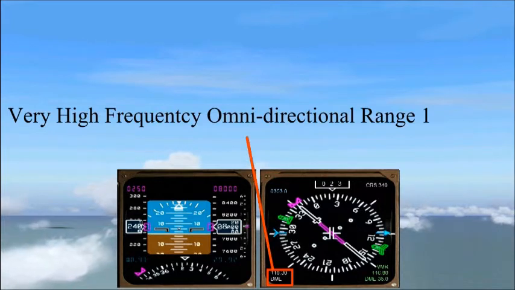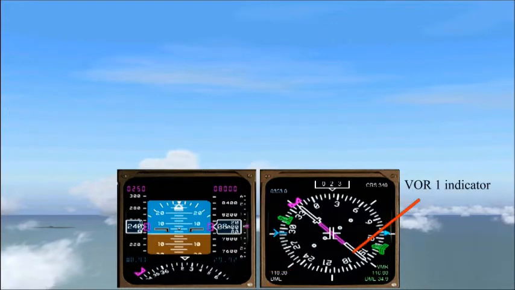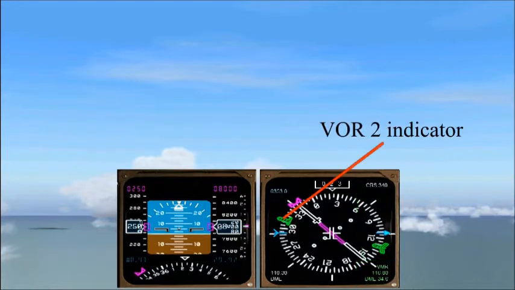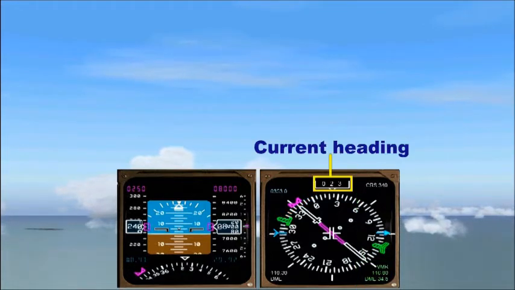Now we are looking at very high frequency omnidirectional range 1 (VOR1), and this is the indicator of VOR1. Next is VOR2, and this is the VOR2 indicator. The yellow labeling, as we can see, is the current heading of the aircraft.